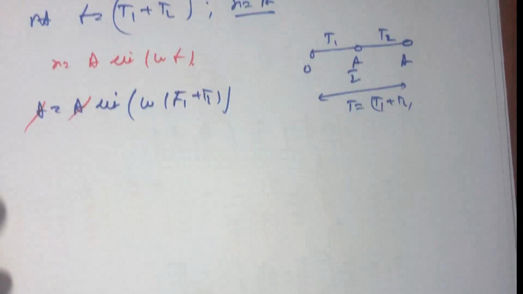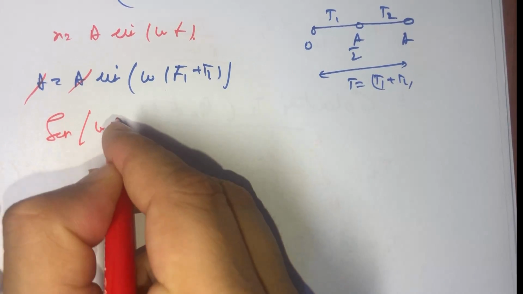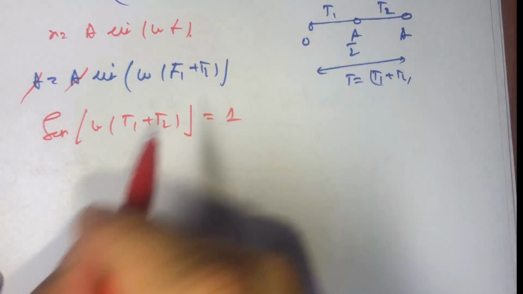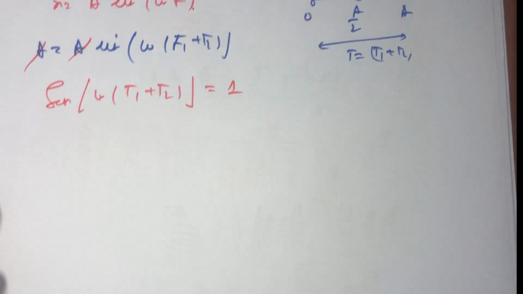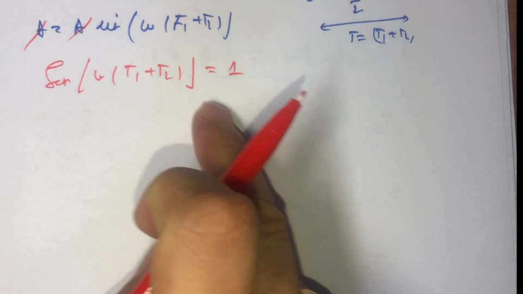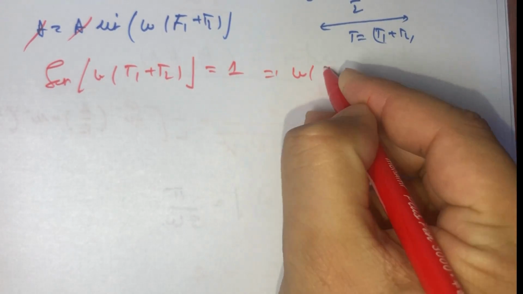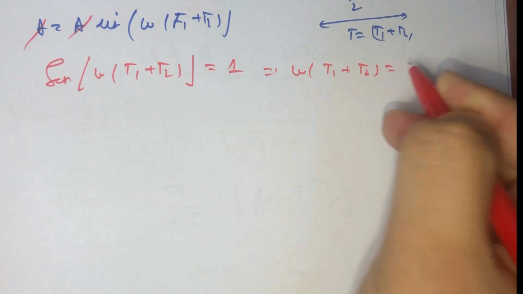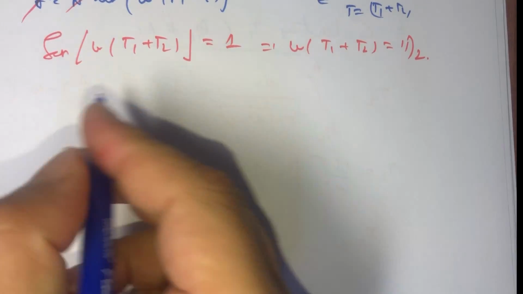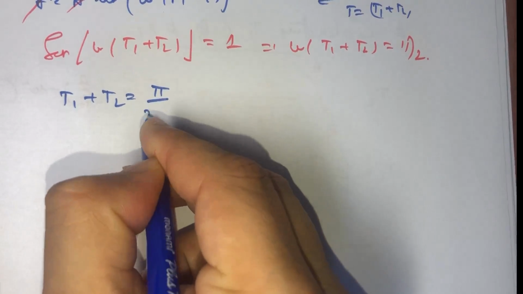A and a cancel out, so we get sine of omega into t1 plus t2 is equal to 1, and this will be obviously coming as sine inverse of 1, and from here we get omega into t1 plus t2 is equal to pi by 2, or t1 plus t2 is equal to pi by 2 upon omega.